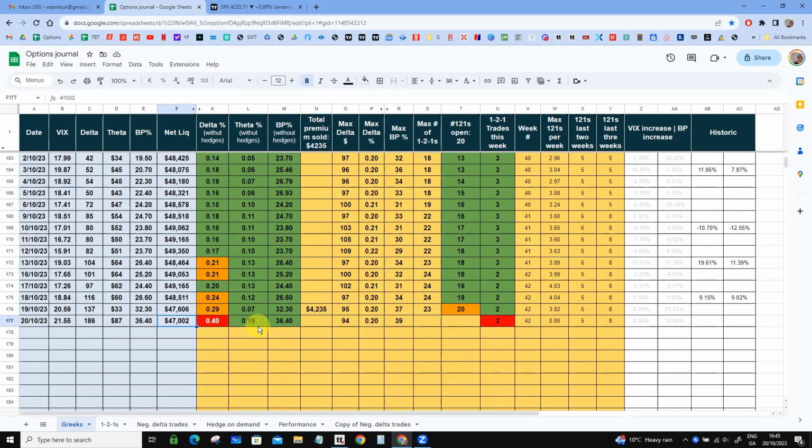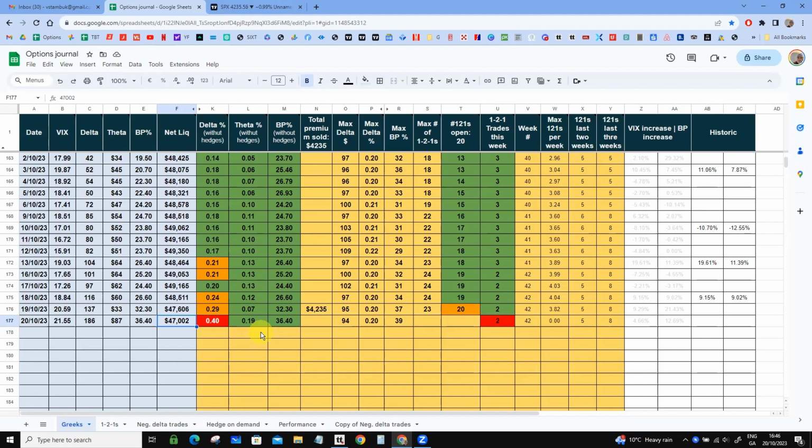Pretty much a similar thing applies with delta. All of these are positive delta trades, and I accept the risk of each trade when I put it on. So I don't want to stop myself from putting on trades when I have enough buying power and when my premium sold is within acceptable range, and premium sold is directly related to my maximum drawdown under normal circumstances.